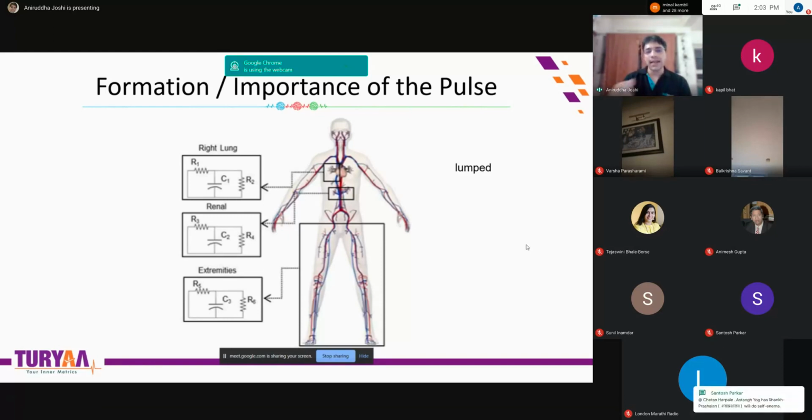Because it is doing that only for the right lung, but because everything is in series and parallel, the same increased current is also reaching all body organs. And that's why whenever you walk fast, run, or you feel something, your heart rate increases. It's trying to push oxygen to various organs, and so on.